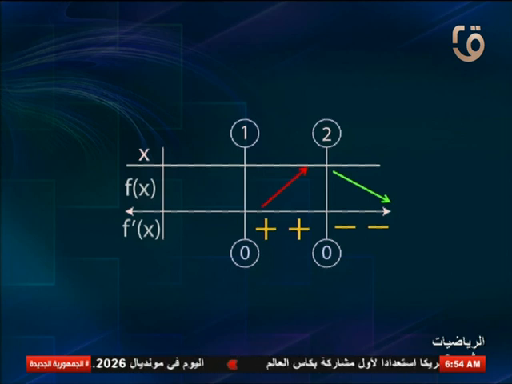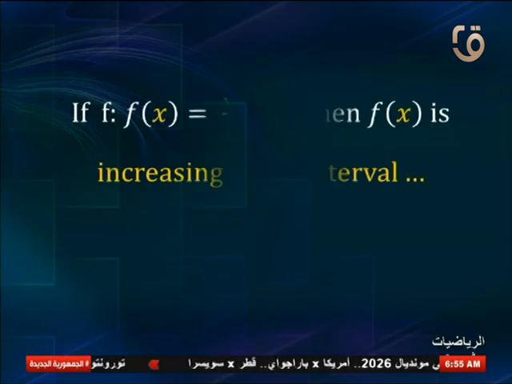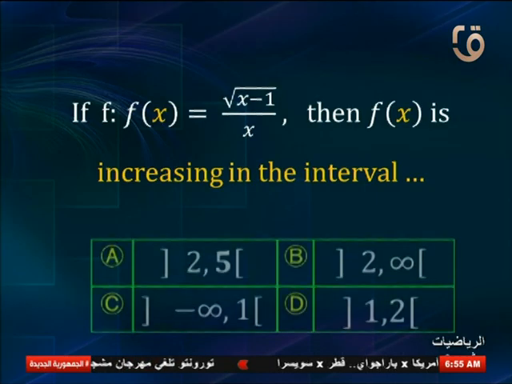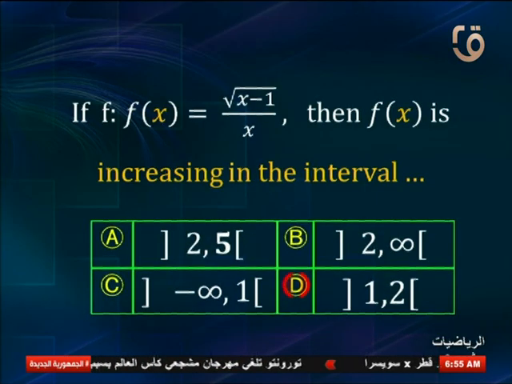It decreases when x belongs to the open interval (2, infinity). But the required is increase, so the solution is letter D, open interval (1, 2).